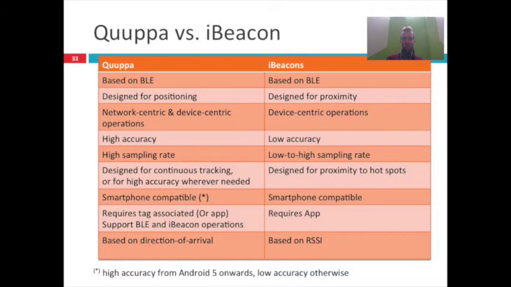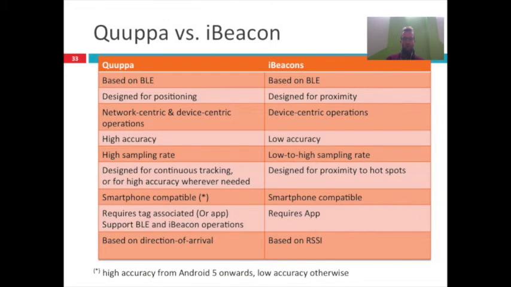Kupa provides high accuracy and high sampling rate, whereas iBeacons typically provide low accuracy of the order of few meters, and depending on the specific setting of the iBeacon devices, low to high sampling rates. Kupa has been designed for continuous tracking of assets or for high accuracy wherever needed, whereas iBeacons have been designed for proximity to hotspots.